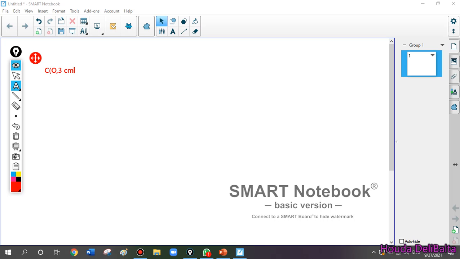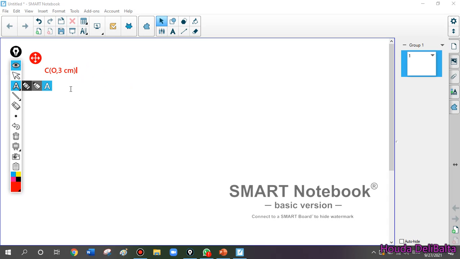So this is the notation of a circle. We usually call it C, and the center is usually called O. Of course, we can choose any letter for the center, but the most used is the letter O for the center and C for the circle, and here represents the radius.